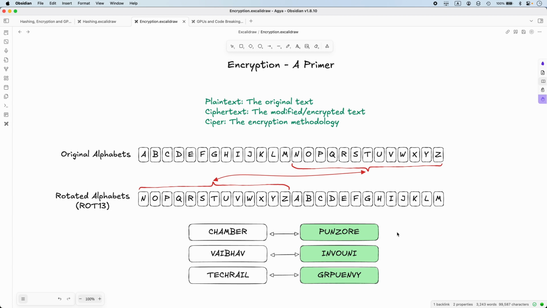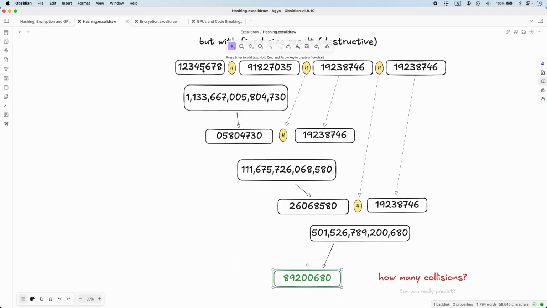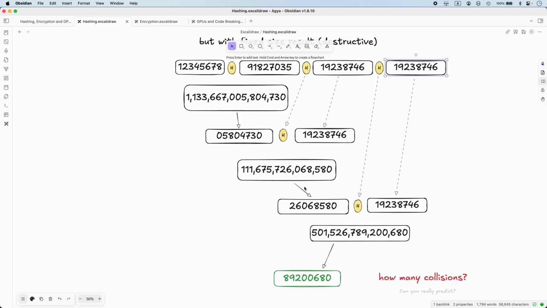Now, I think I missed one point. Let me clarify that. The purpose of hashing is to make things untraceable back to their origin. The purpose of encryption is to make sure that the input looks like garbage when encrypted, and when decrypted, or when the same algorithm is reversed, it gets you back the original data. The idea here is not to destroy your input.